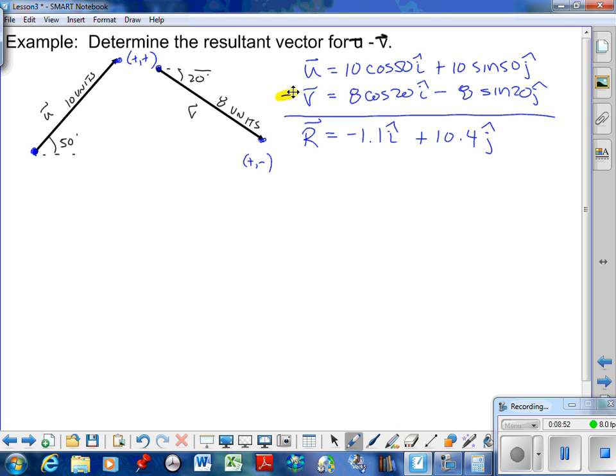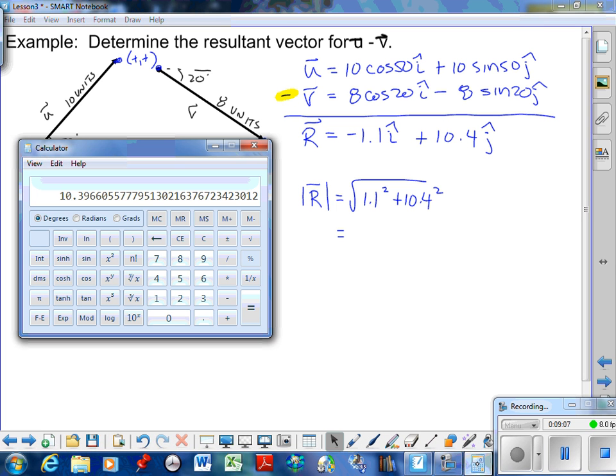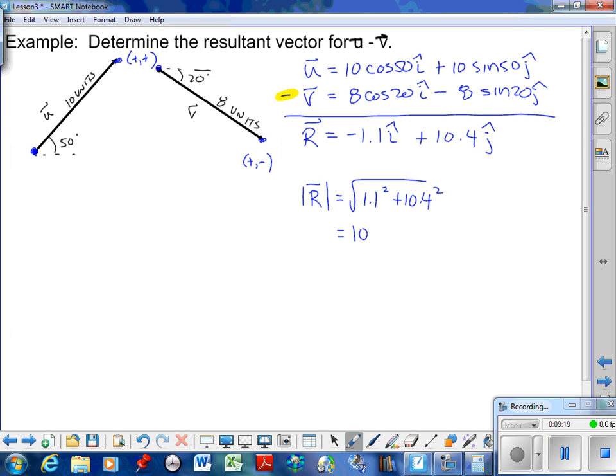I got negative 1.1 i, and then plus 10.4 j. For the magnitude of the resultant, 1.1 squared plus 10.4 squared, square root, I get 10.5, let's call it, in units.